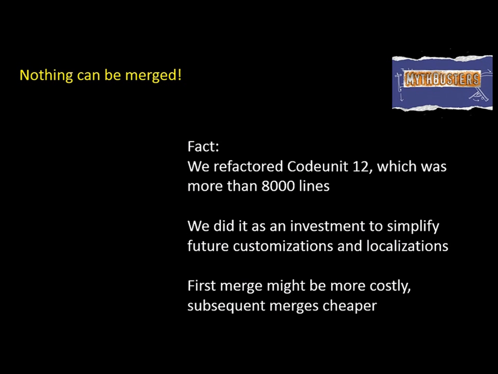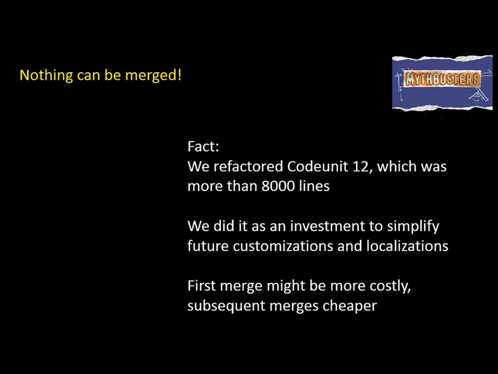He claims that nothing can be merged, and you know, we did do changes to the system. Of course, every time we do a release of NAV, we do changes. But this time in particular, we did a lot of changes to Code Unit 12, which was more than 8,000 lines. And, you know, we had very good reasons for doing that, especially when we are talking about the individual country versions and so forth. So we've refactored Code Unit 12, and thereby, unfortunately, generating some pain if you have a lot of customizations going on in Code Unit 12. So the first merge after here will be more painful.